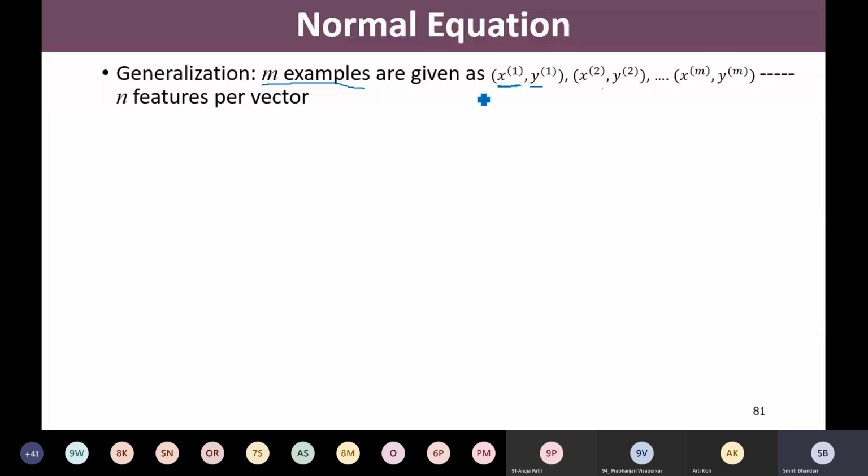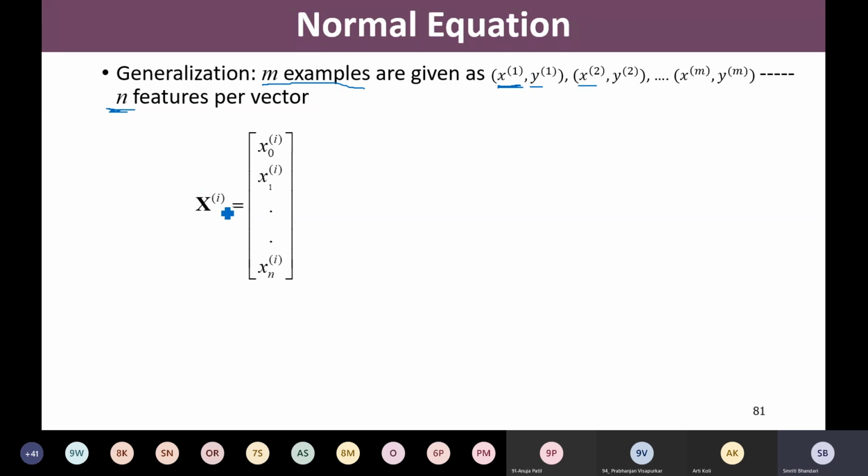And please note that this feature vector x has n features. So my feature vector comprises n features, and I have m examples. To generalize the method, the ith feature vector is described like this.